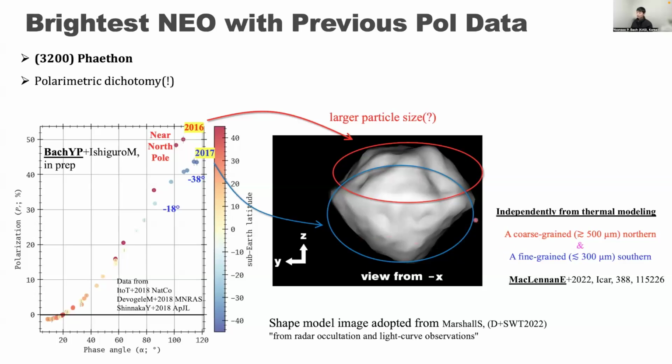So these are quite consistent with each other now. And also considering that this is the only case that shows this kind of very strong polarization dichotomy, any new data points at very high phase angle will be very interesting. And we want to know if this distribution can be continuous depending on the sub-Earth latitude value.